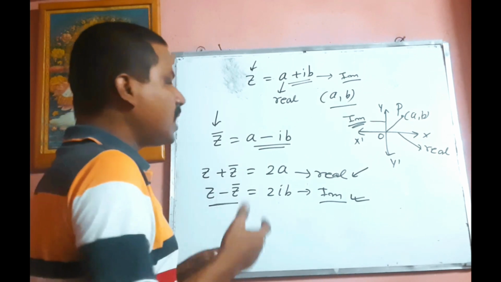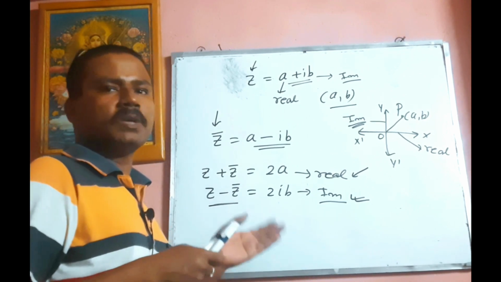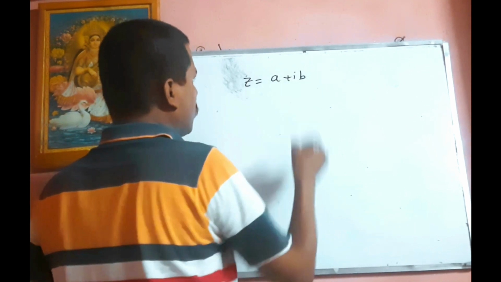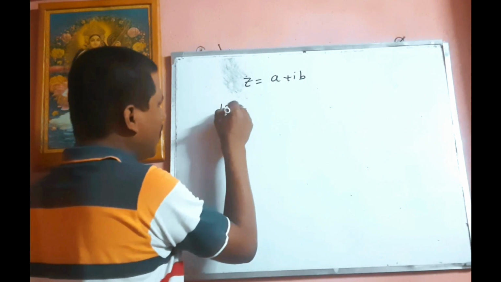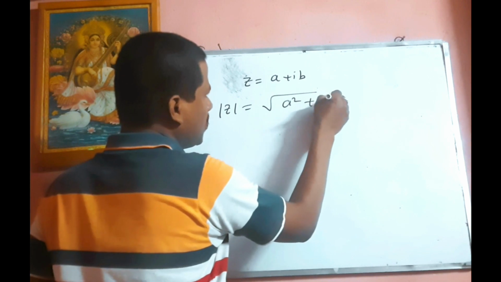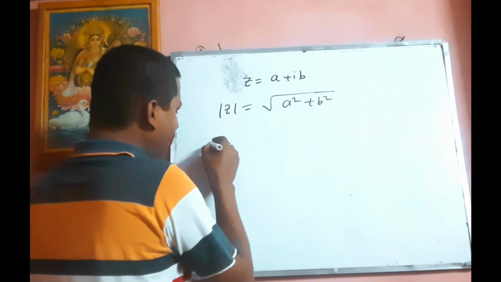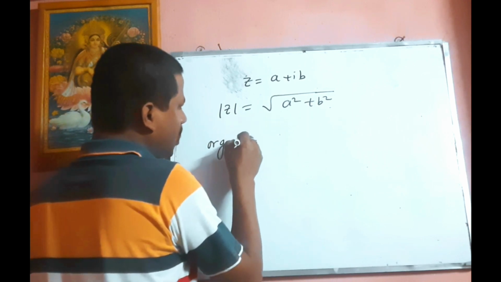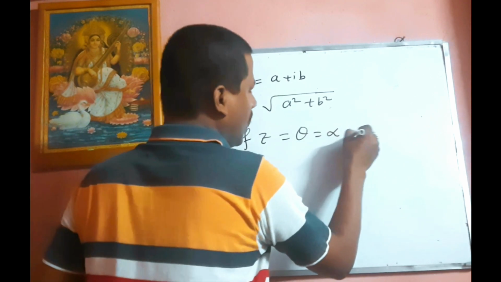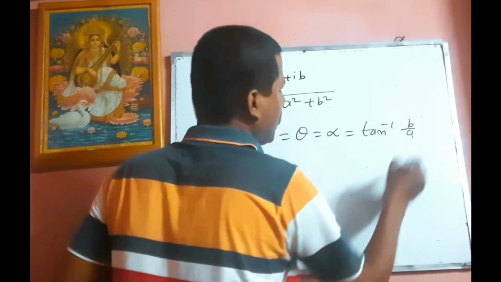Now in the next part we are discussing the modulus of z and the amplitude of z. Suppose z is equal to a plus ib, a complex number. Then mod of z will be root under a square plus b square. This is the modulus of the given complex number, and the argument of z, arg z, will be theta or alpha, and this will be tan inverse b by a.